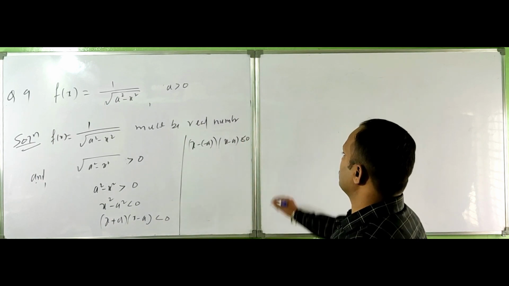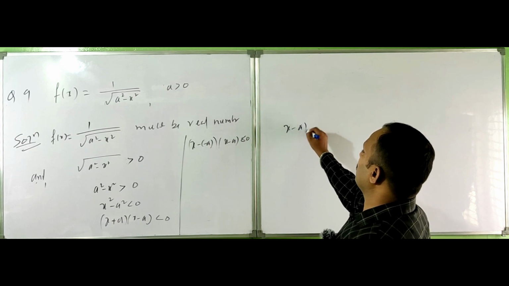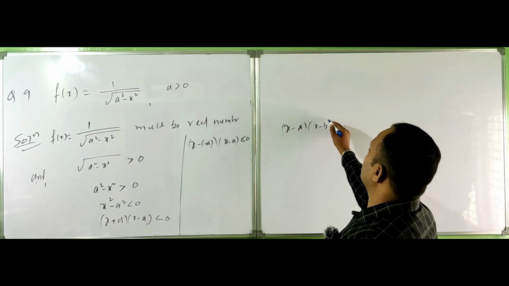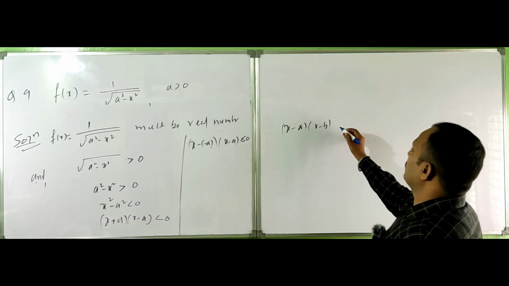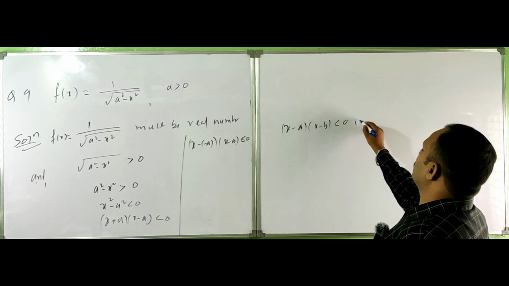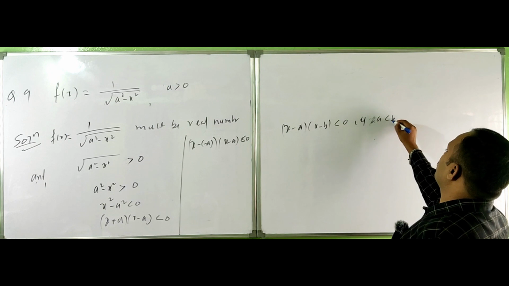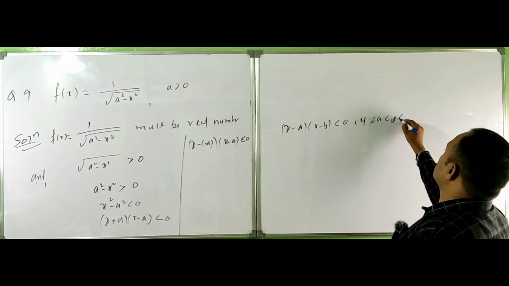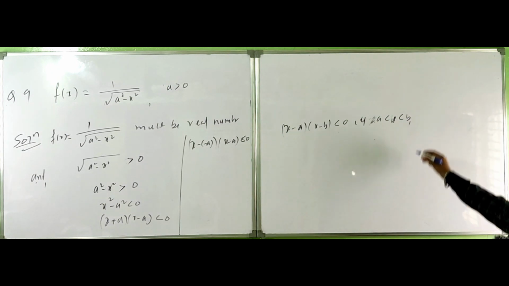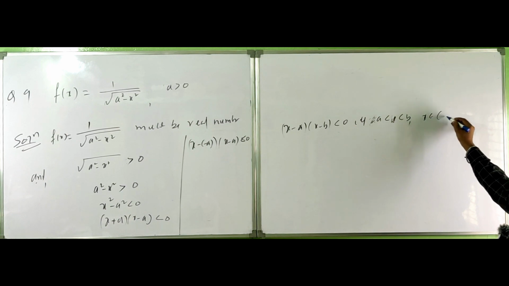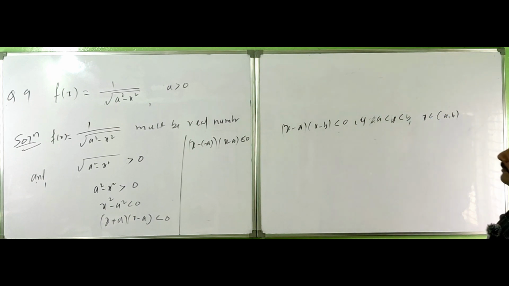What is the formula? x minus a and x minus b less than 0, if a is less than or equal to b, then x belongs to a, b.